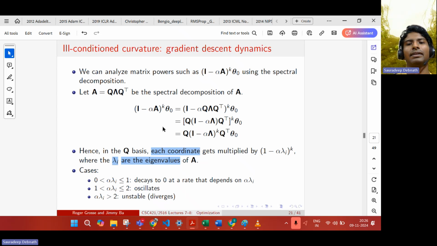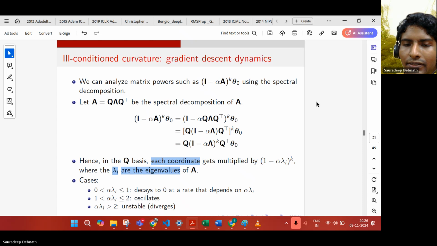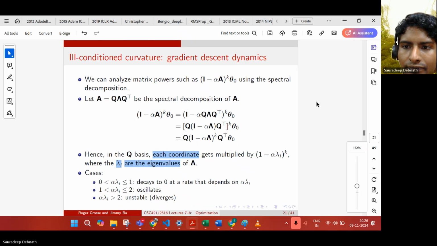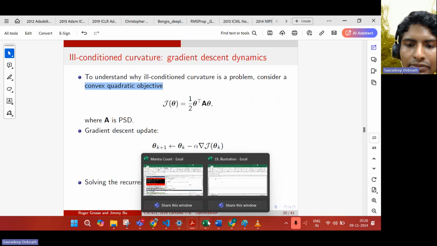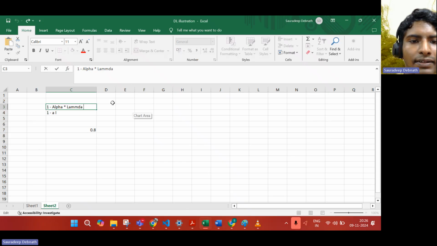Going to the previous page, theta k is theta naught times this part to the power k. Let's try to get that.